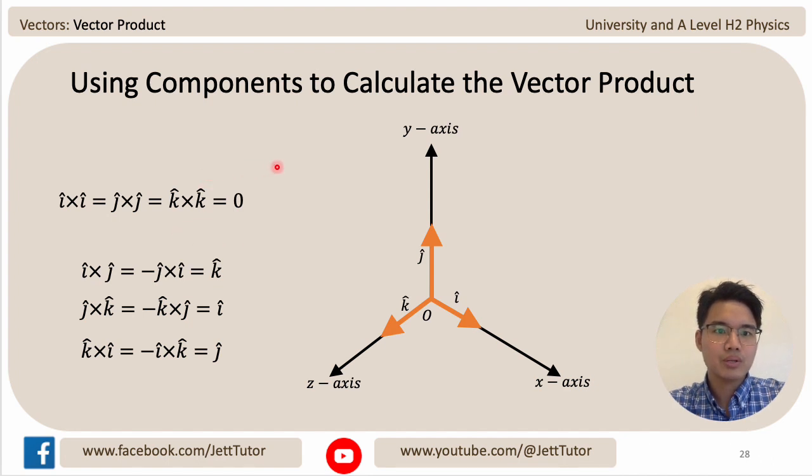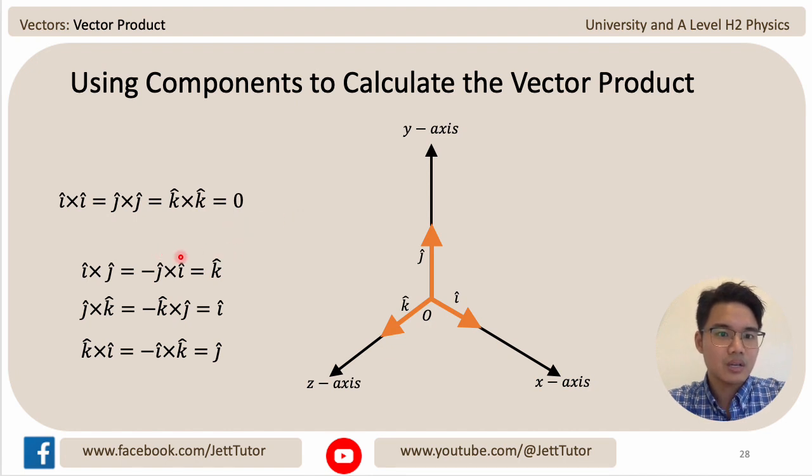So, using components to calculate the vector product, we learned from the unit vectors that i hat cross i hat, j hat cross j hat, and k hat cross k hat are equal to 0, because the angle between them is 0, and sine of 0 is 0.